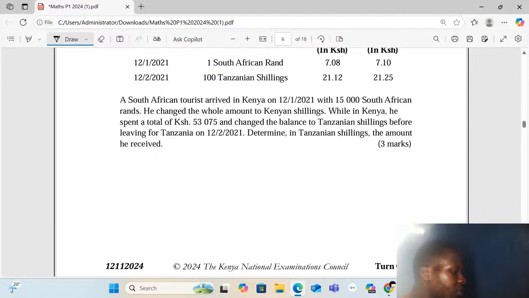Now we have to change these 15,000 South African rands to Kenyan shillings. So 15,000 South African rand will be equal to, changing it now to Kenyan shillings.